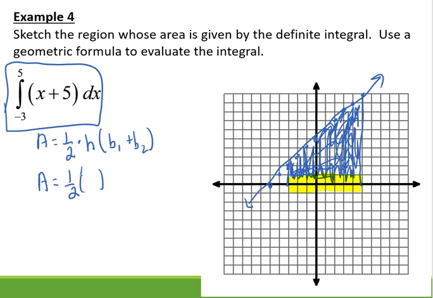This is base 1. This is base 2. Base 1 is 2 units. Base 2 is 10 units. And then simplifying all of that, we get 48.